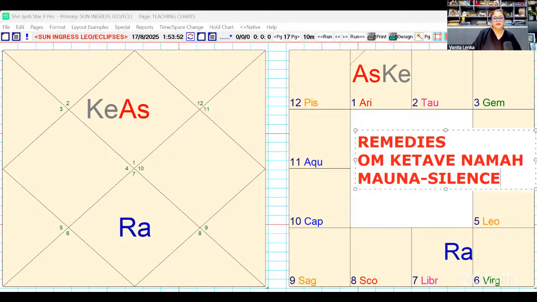I wanted to give you one more remedy. If your Ketu is in the 1, 5, 9 signs, that is Aries, Leo, and Sagittarius, you should definitely do sun salutations, Surya Namaskaram.